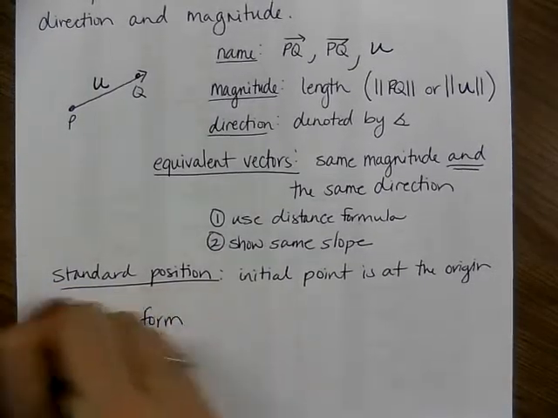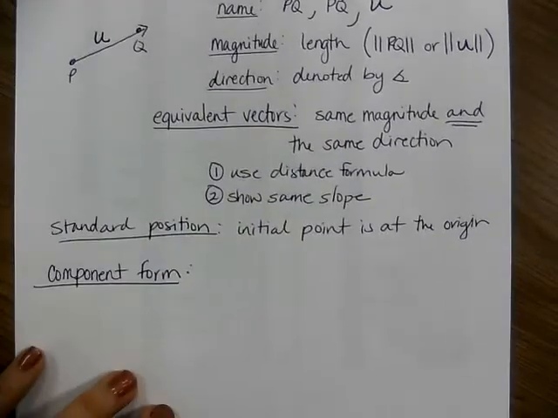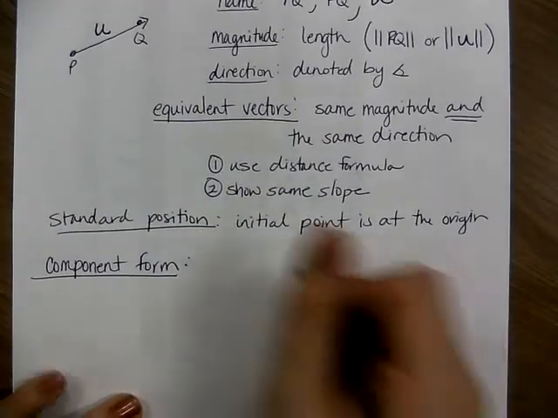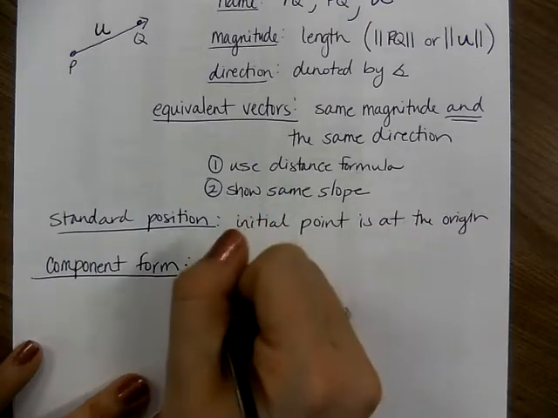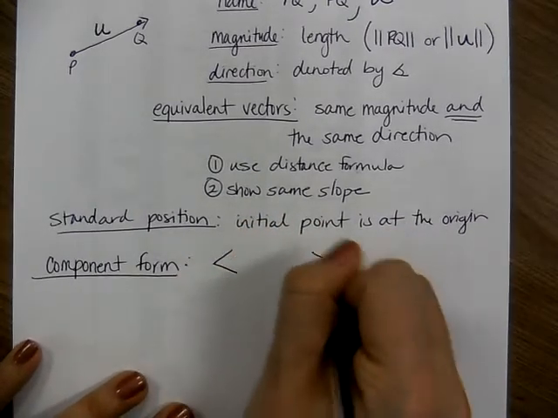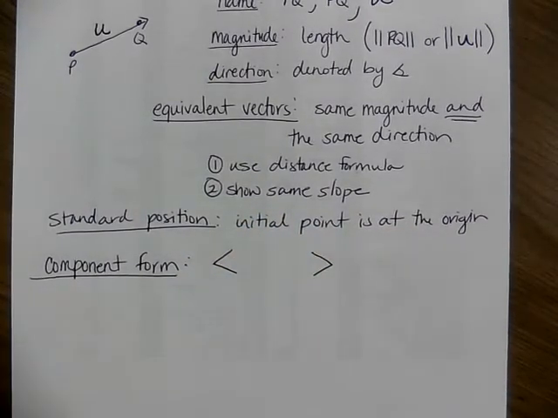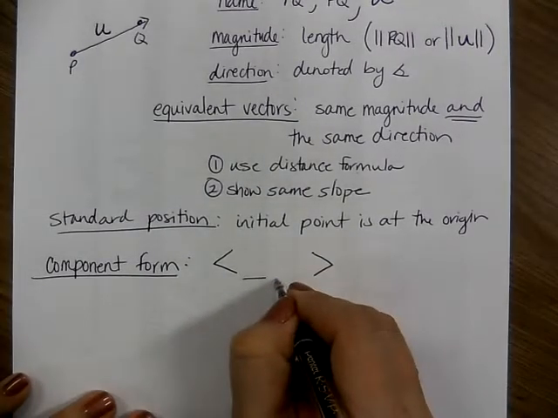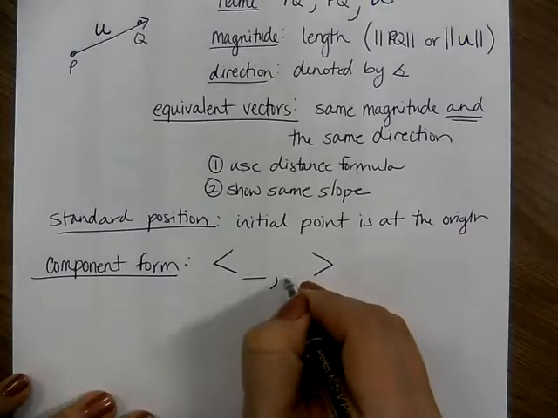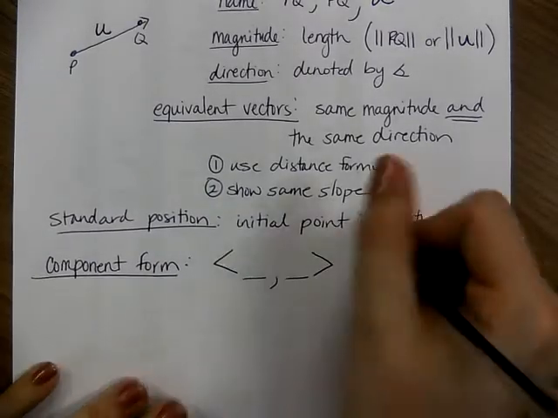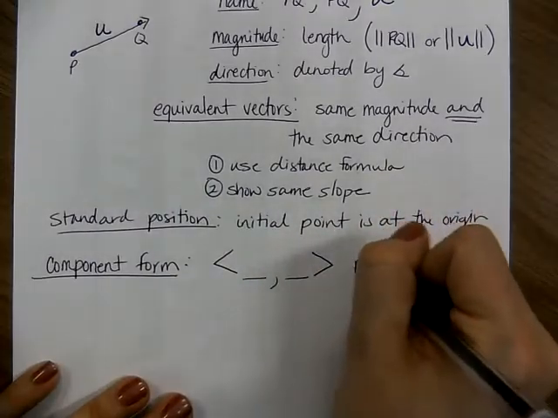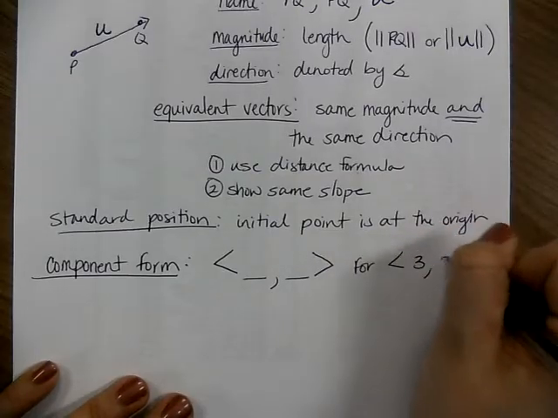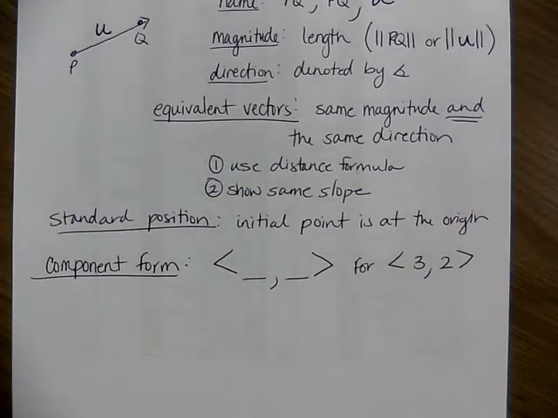Over the next couple of days, we're going to talk about the different forms that we could see vectors in. One of them is component form, and it looks like this. It's a set of arrowheads locking it in, like parentheses would work. And then you have some horizontal component, a comma, and some vertical component. For example, it might look like 3, 2. So that's the vector 3, 2 in component form.